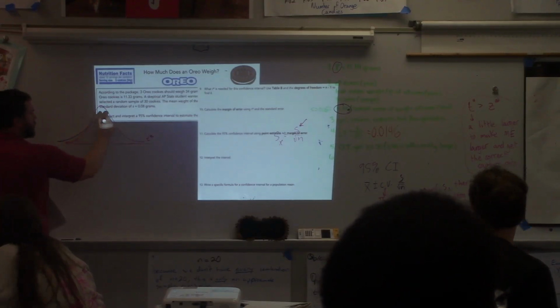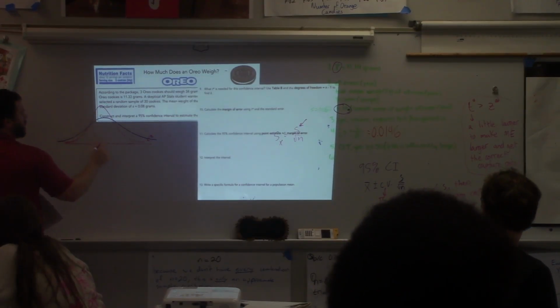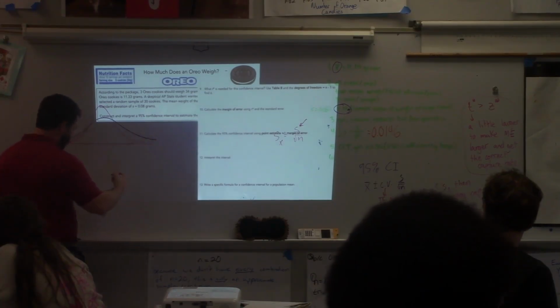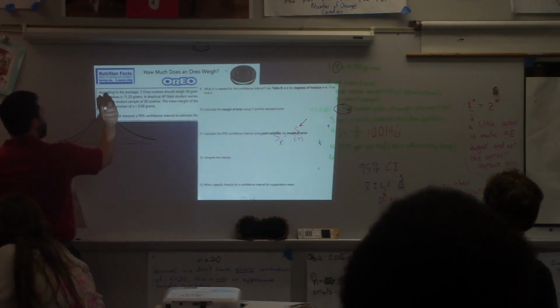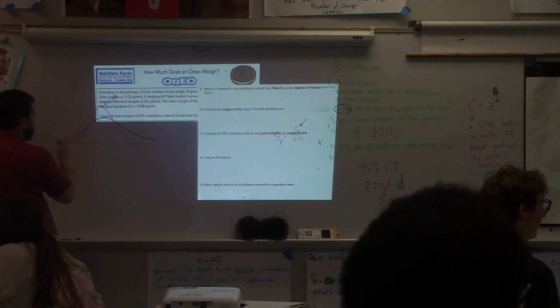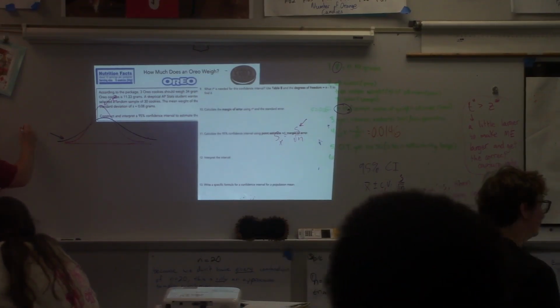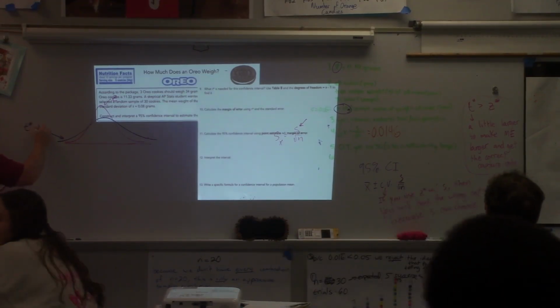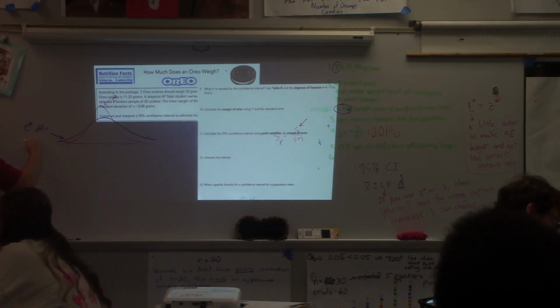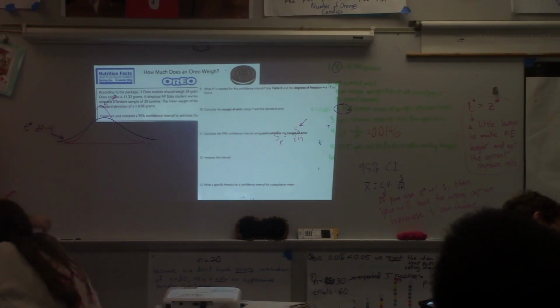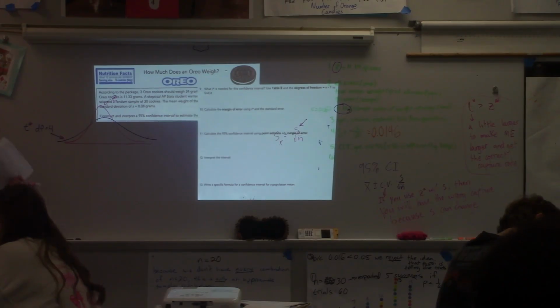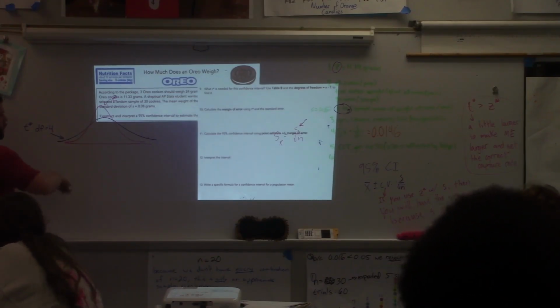But let's say this purple right here would be a T, maybe with degrees of freedom of like 4. I'm going to explain what degrees of freedom are in a second.